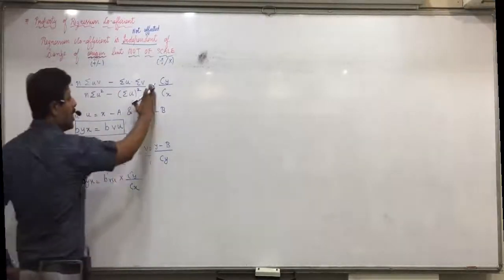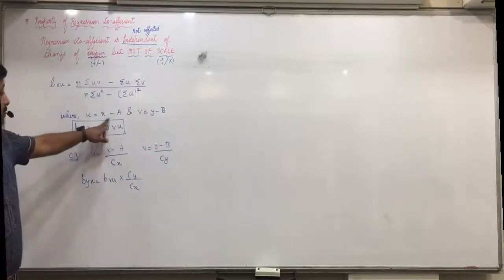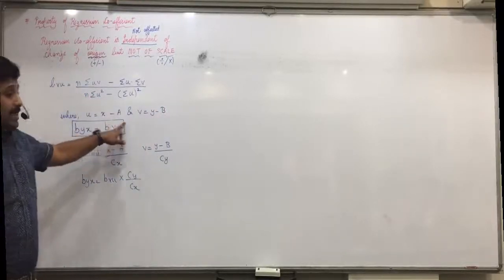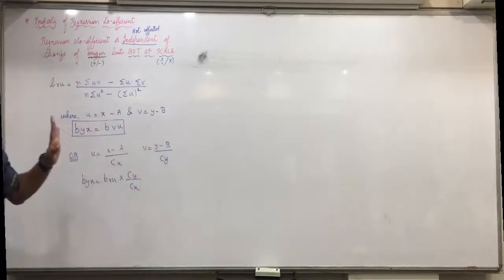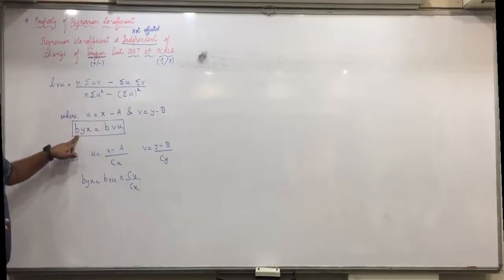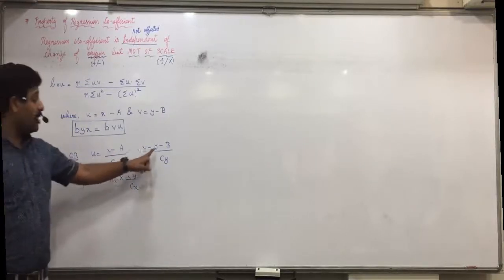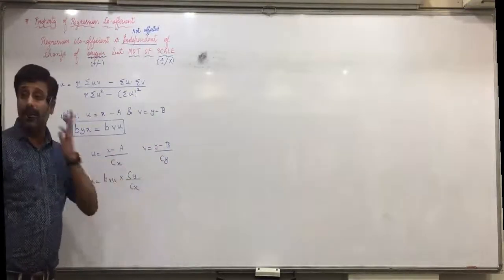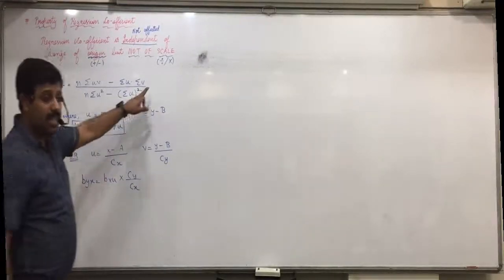So how would you cancel the effect once again? If you are obtaining U as simply X minus A and V as Y minus B, then this is only change of origin, which does not affect. So your BVU and BYX will remain the same. But if you are doing X minus A upon CX and Y minus B upon CY, then you are changing the scale also, and it is affected by change of scale.